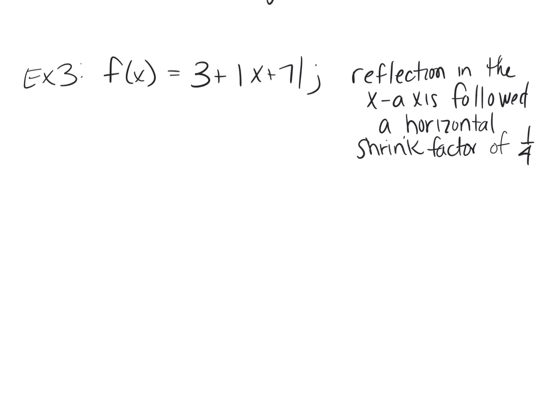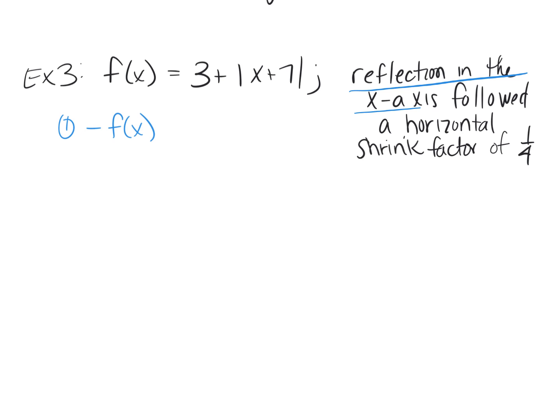So how do we write reflection in the x-axis? We write negative times f of x. Reflection in the y-axis is f of negative x. Now remember, we gave you that cheat sheet of notes on the back of the worksheet on Wednesday. Use that to help you write the function notation.